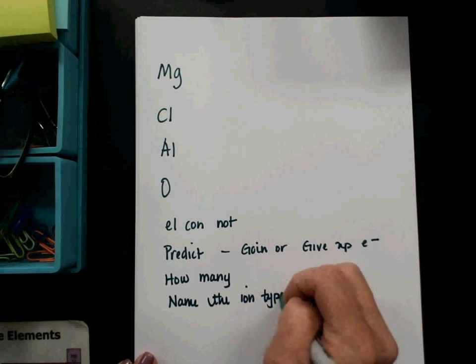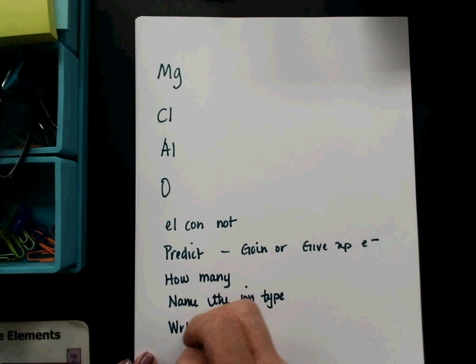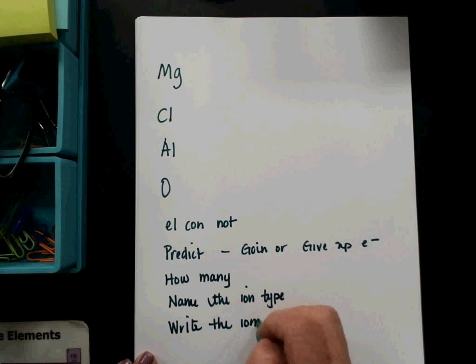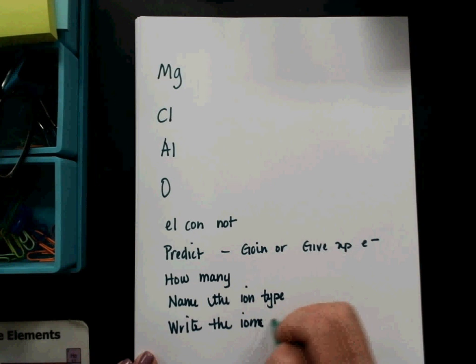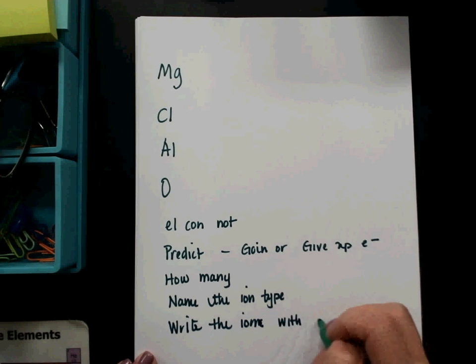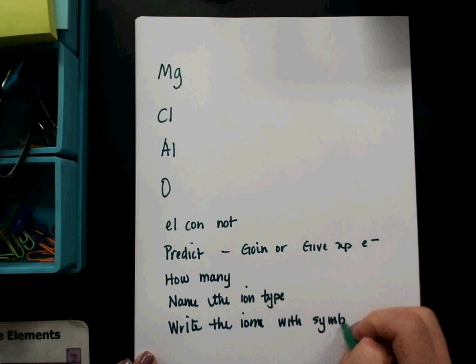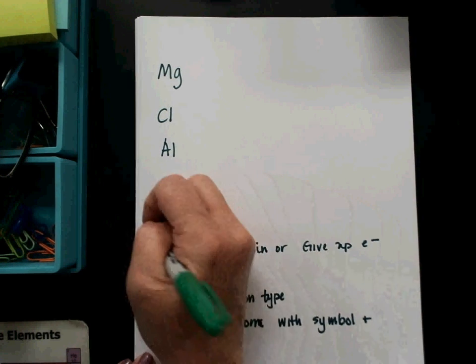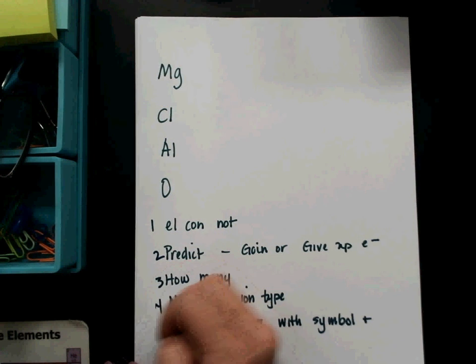I want you to name the ion type. And then I want you to write the ion with symbol and charge.